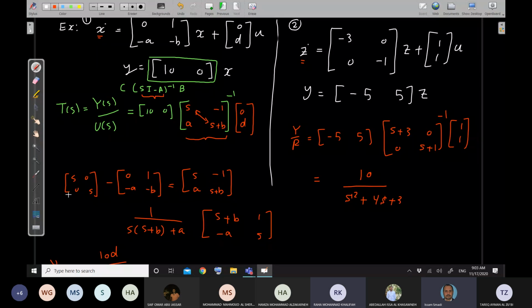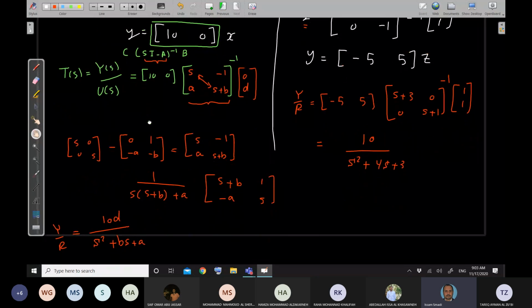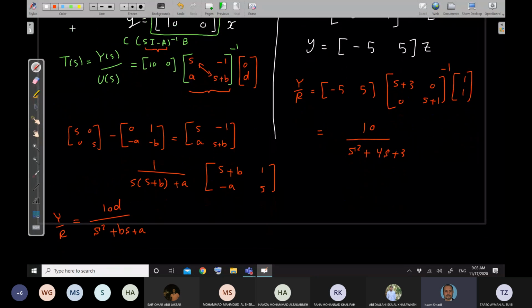Now, Raha, can you tell me the value of D is equal to what? 1. And the value of B? 4. And the value of A? 3.